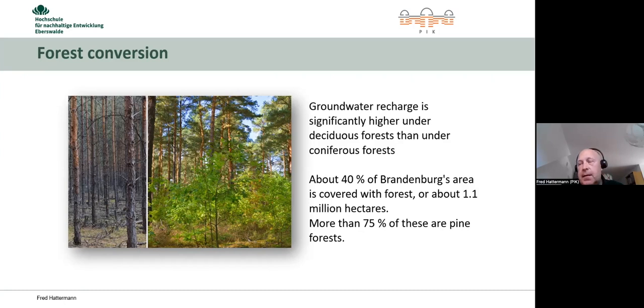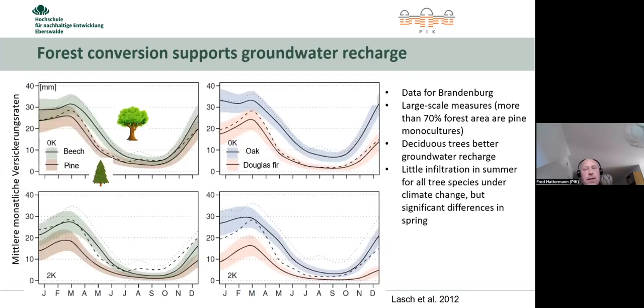And the idea is pine trees are green over winter and immediately start evapotranspiration or transpirating with warmer temperatures, and broadleaf trees not so.